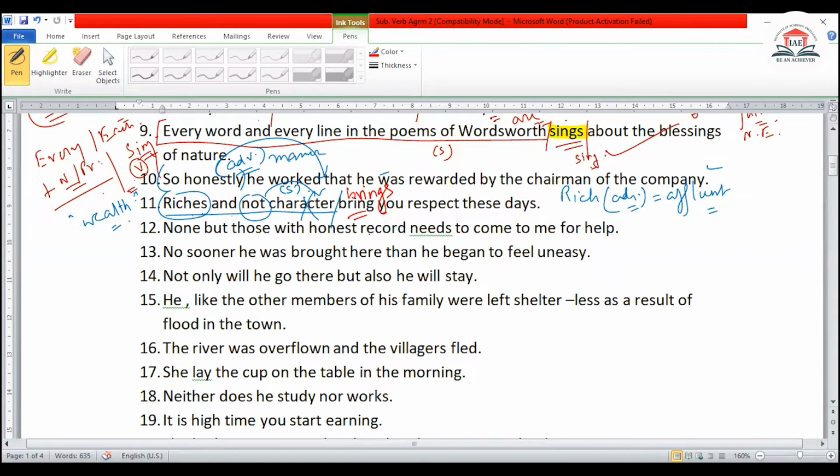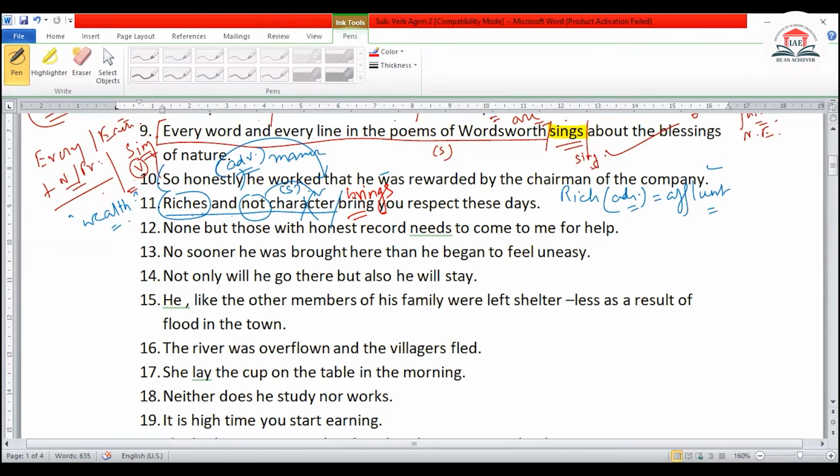None but those with honest record needs to come to me for help. Which one are we going to negate?